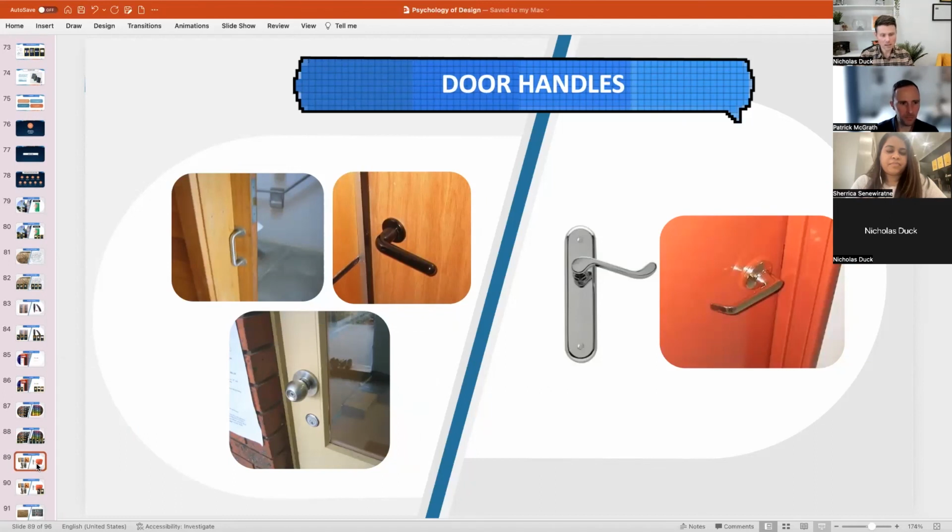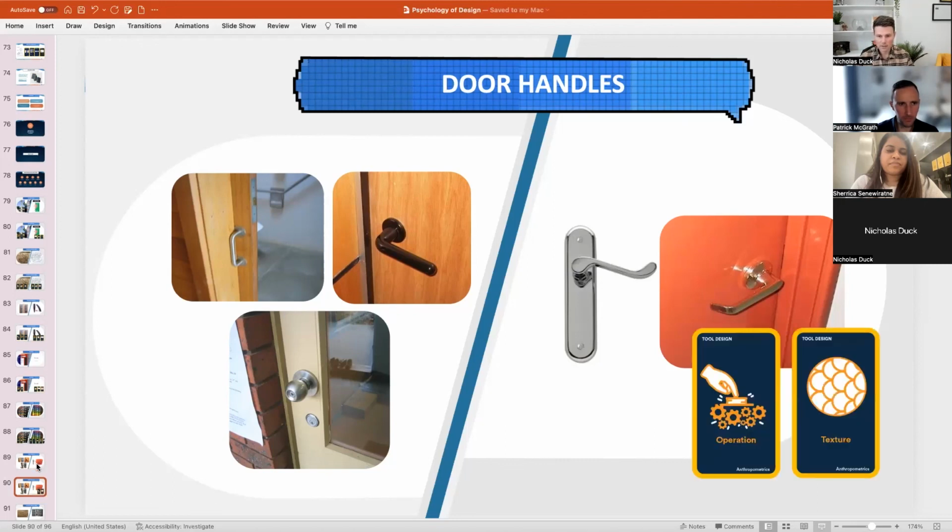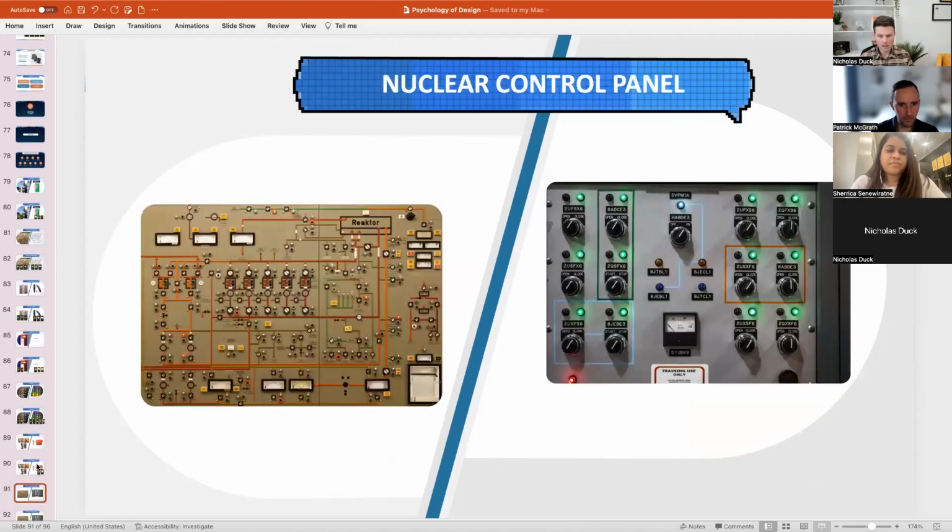The other one, that sliding door, is a great hazard for trapping your hand. The ones on the right tend to be a bit easier to hold because they've got that little curve in them, which allows you to grip a bit better. So perhaps that falls under the texture category. We've got nuclear control panels.